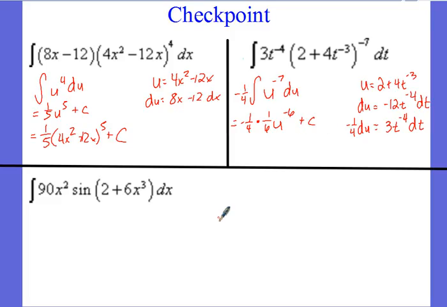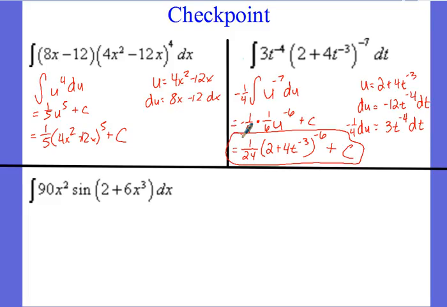And then now simplify, it's going to become what? Well, they're both negative, so 1/24 times (2 plus 4t to the negative 3) to the negative 6. Good? Oh, be careful, because it's not the same.